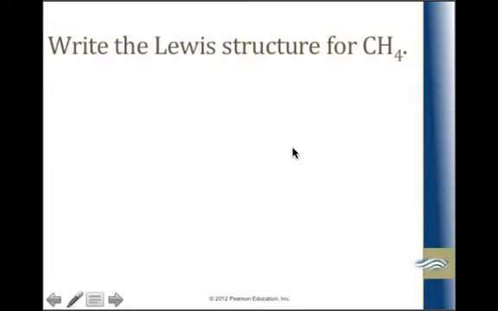We'll do methane first. It's CH4. The first decision you have to make is which atom do you put in the middle. I've got 4 hydrogens and 1 carbon. Get used to the idea that carbon loves to be in the center. And carbon has 4 electrons, and we draw them as such, 1 on each side. And I think you could see how the hydrogens would just perfectly complement carbon here.